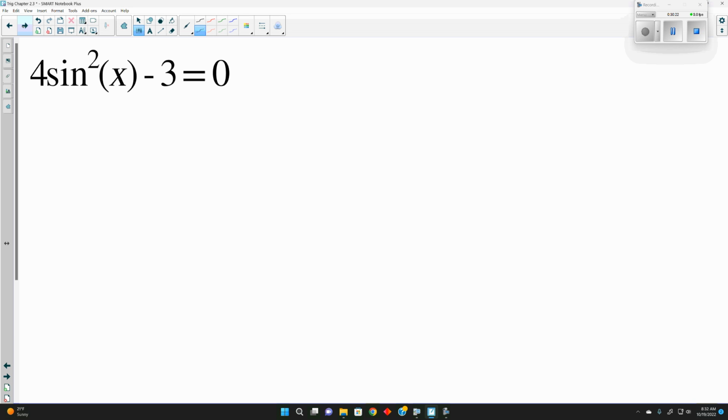Let's look at this one here. So if I was solving this, what's the first thing we can do? Well, we want to get sine by itself, yes? Because, I mean, we could use the Pythagorean identity to rewrite sine as 1 minus cosine squared. But is that really helping us? No, it's making things a little bit more challenging.